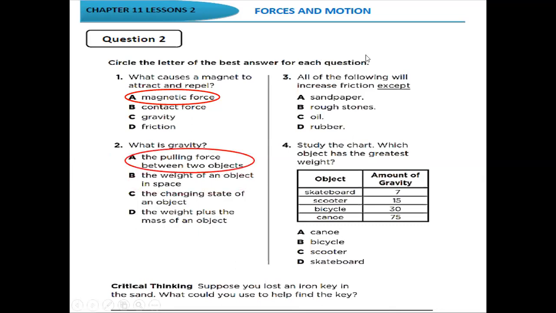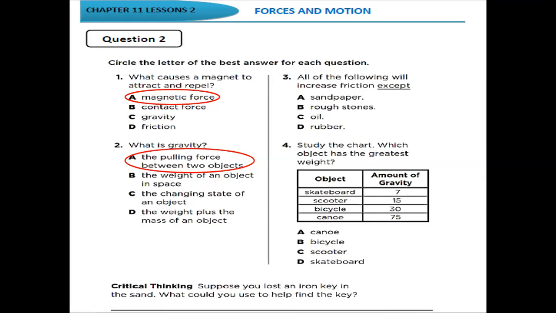Number 3, all of the following will increase the friction except. What does it mean to increase the friction? It means it is slowing down the thing. Sandpaper, does it slow or make it faster? Slow. Sorry, it is increasing the friction. Rough stones, increasing or decreasing the friction? Increasing it.